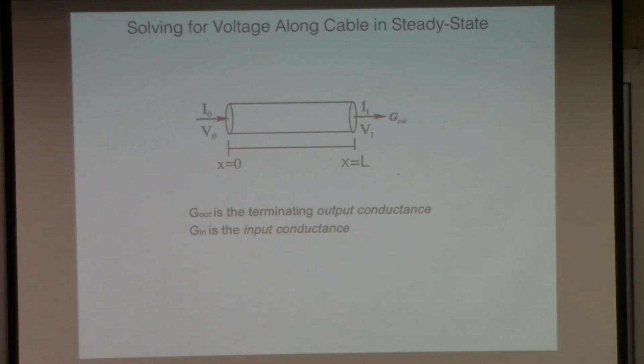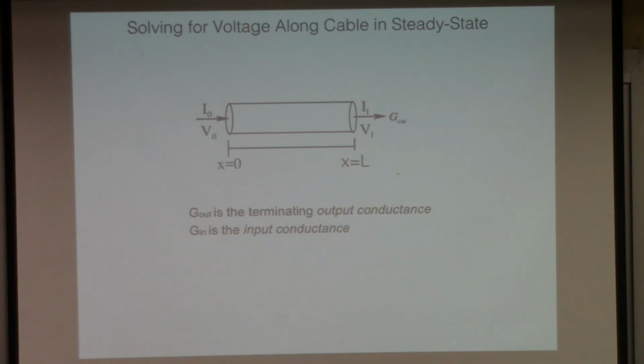The output conductance sitting at that end of the cable. Imagine you're looking out that end of the cable and asking the question, how is the cable terminated, right? So on Wednesday I mentioned this term, the sealed end boundary condition. If the cable is terminated by a sealed end, the output conductance is 0. There's no movement of charge out of that end of the cable.